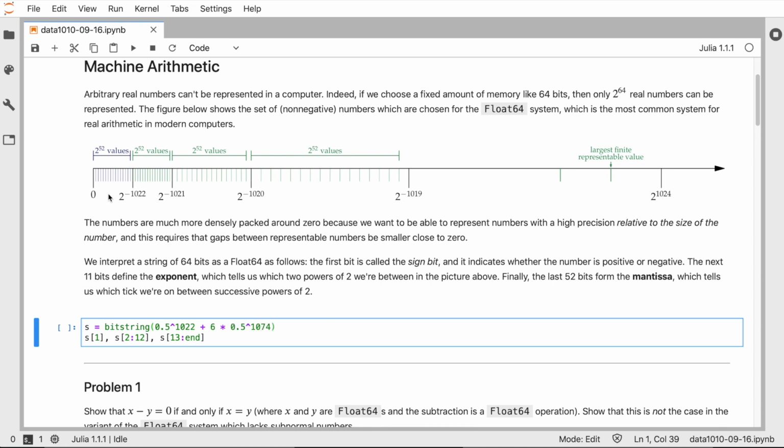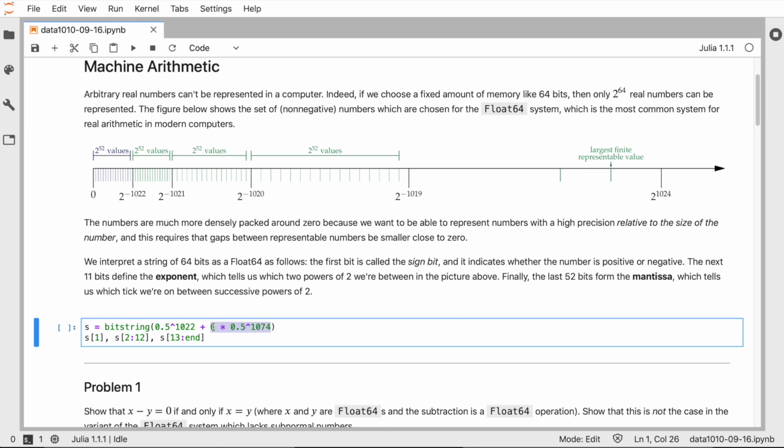The reason for that is the full width of this interval is 2 to the minus 1022, and then we're dividing it into 2 to the 52 equal pieces. So if we just divide 2 to the minus 1022 by 2 to the 52, we get 2 to the minus 1074.